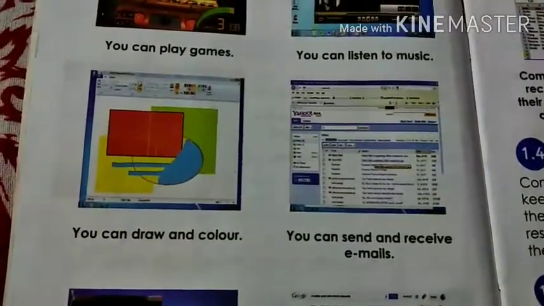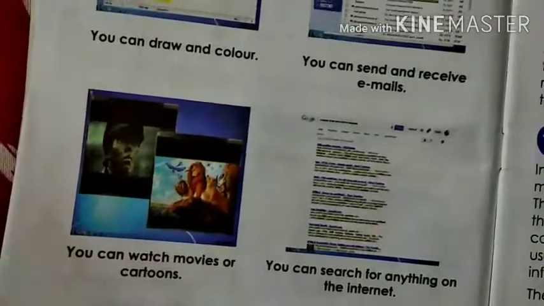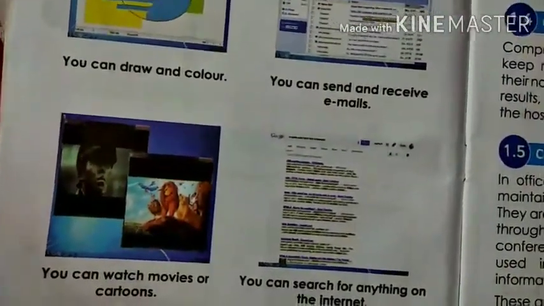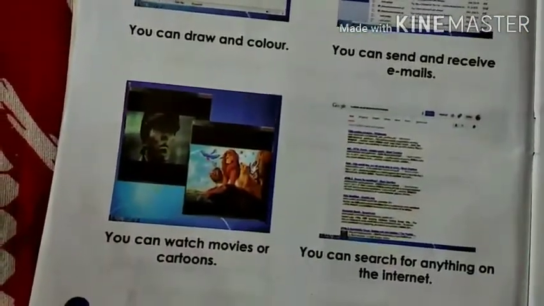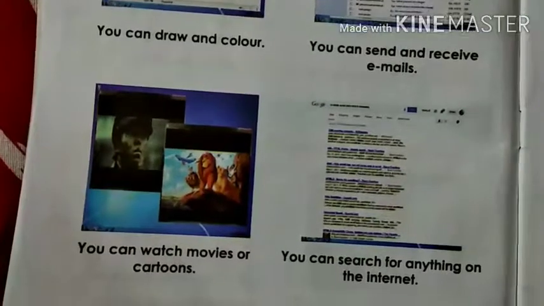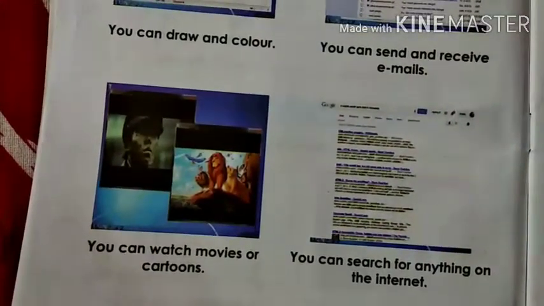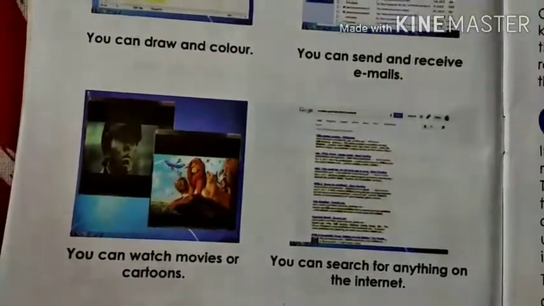You can send and receive emails, and watch movies and cartoons. With the help of a search engine, you can search for whatever you want on the internet. For searching anything, you need to connect the computer to the internet, and only then you are able to search.